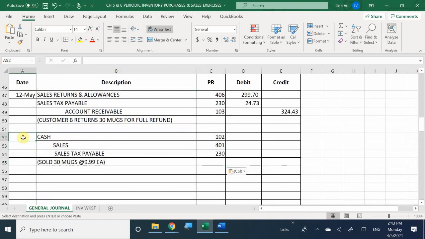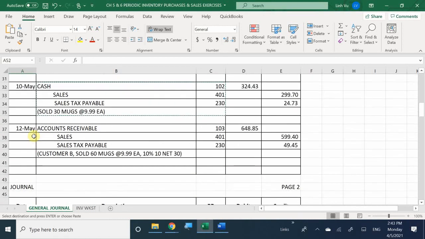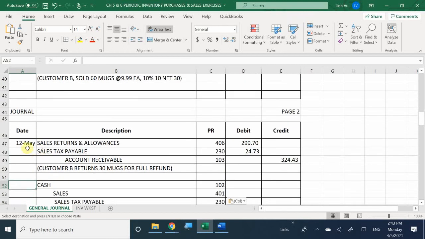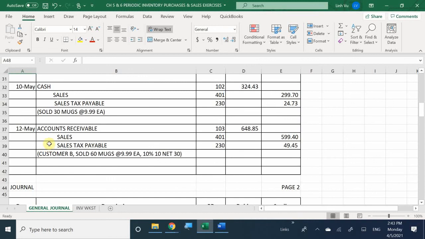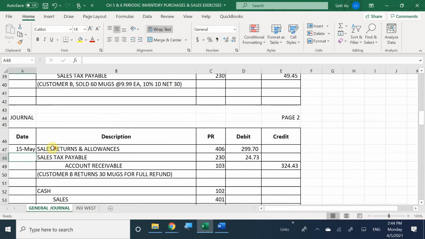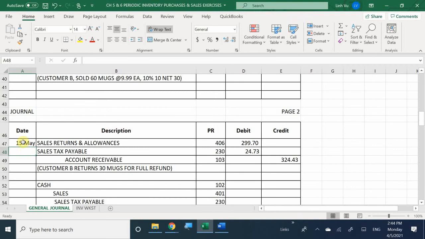I think I'm getting lost on our dates. May 12th, and then May 5th. Okay, so May 12th, we sold to customer B. I put a typo. This is supposed to be May 15th.